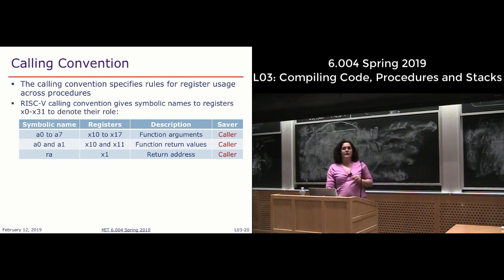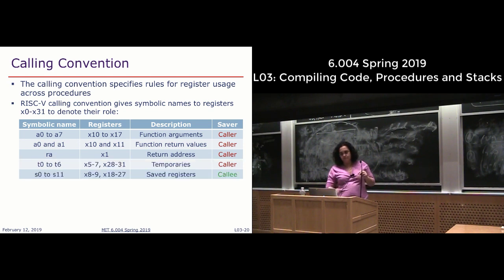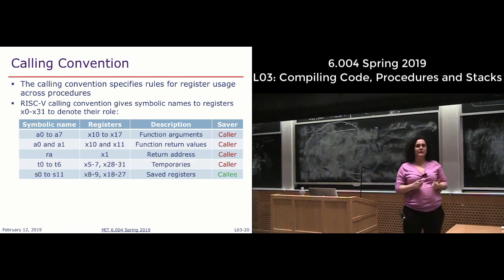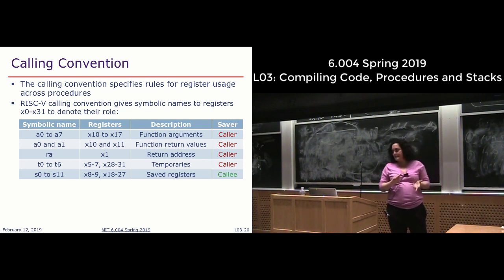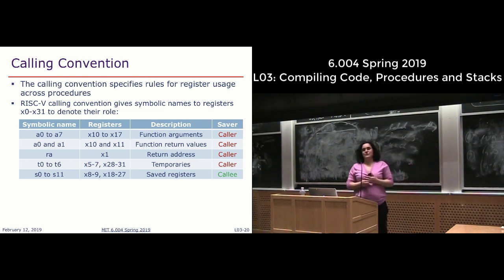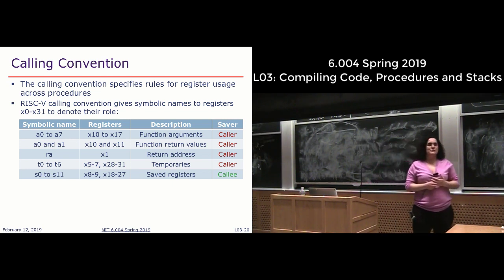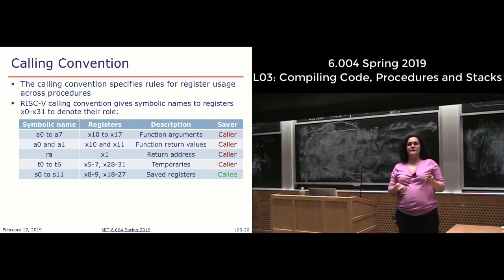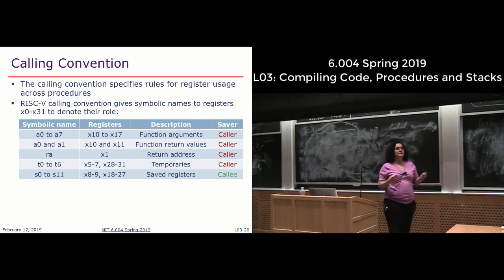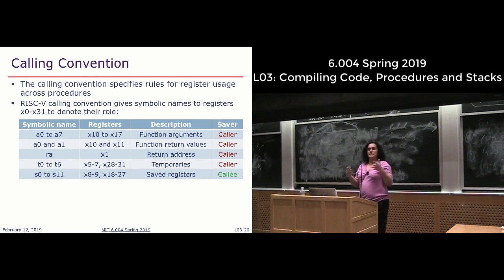So first we've got our 8 A registers and our RA register. Then we have two different types of registers. We call them temporaries and saved registers. What we mean by temporaries versus saved registers is that how we make use of them in our procedure is going to follow different rules depending on whether it's a temporary register or a saved register.